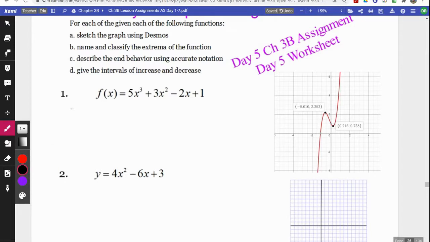So the end behavior I like to start with because it's the easiest, and we don't even need to look at the graph. We just need to look at that part. The leading coefficient is positive, so it's going to be the normal characteristic of all odd functions, and it's an odd function.